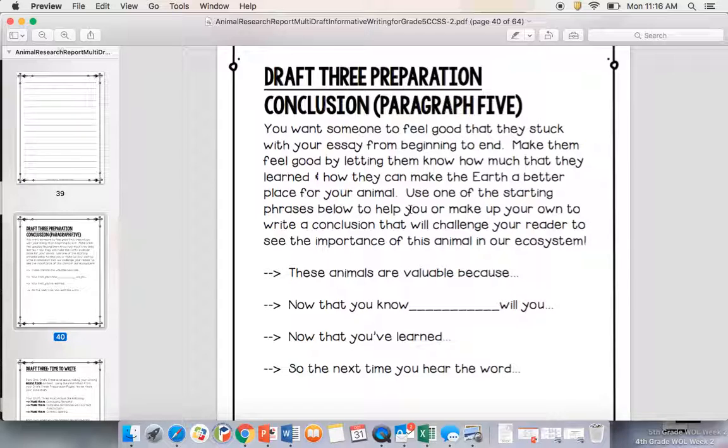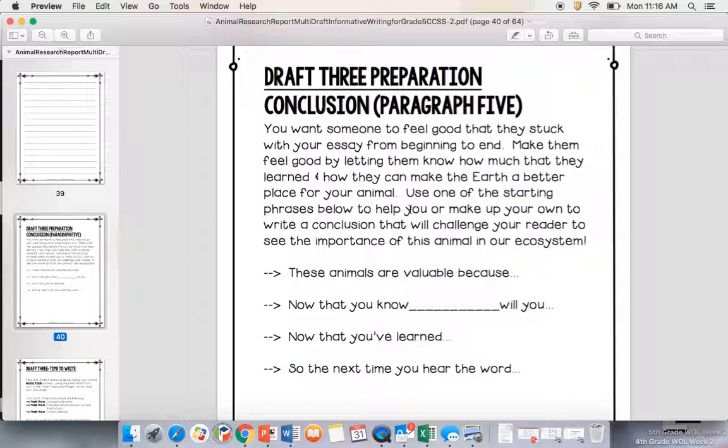So paragraph 5, you want someone to feel like they stuck with your essay from beginning to end. Make them feel good by letting them know how much they learned and how they can make the earth a better place for your animal. Use one of the starting phrases below to help you, or make up your own to write a conclusion that will challenge your reader to see the importance of this animal in our ecosystem.